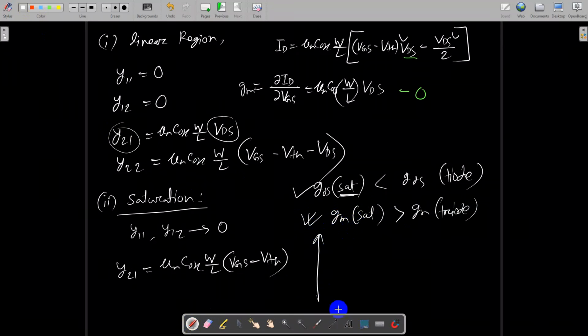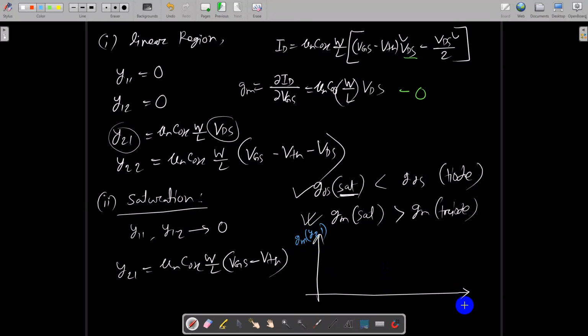So let's draw a curve for this Y21 and Y22, or your GM and GDS. We are taking blue for GM, or your Y21.